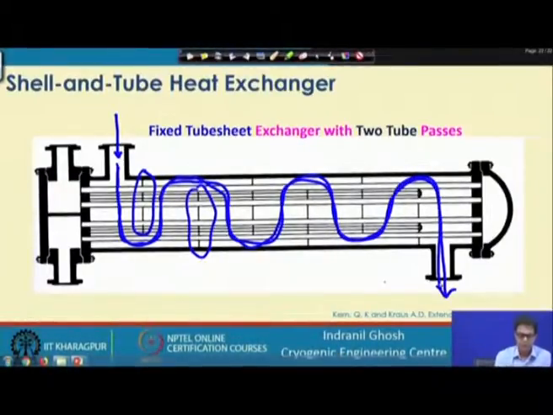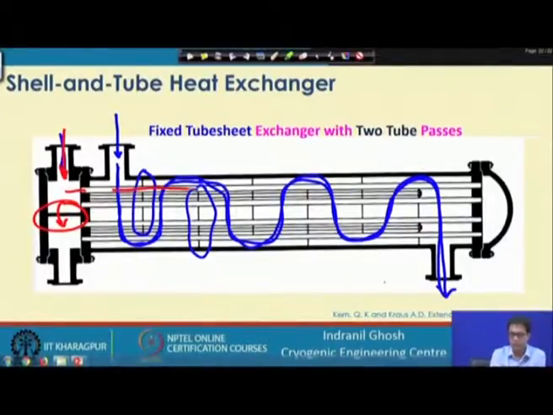On the other hand, we have the tube side fluid, which may enter from here, and it will enter through this space, and then you see we have a divider at this place. So, it is not able to come from here to this point.